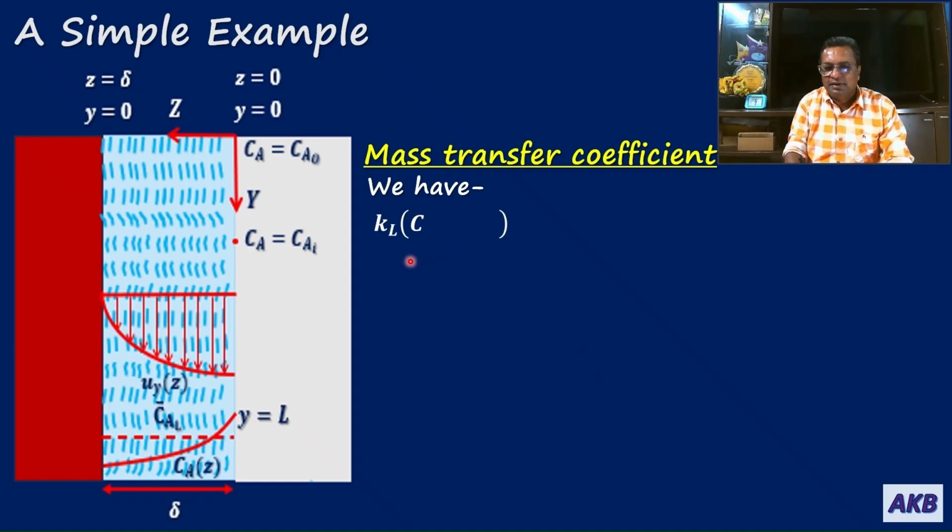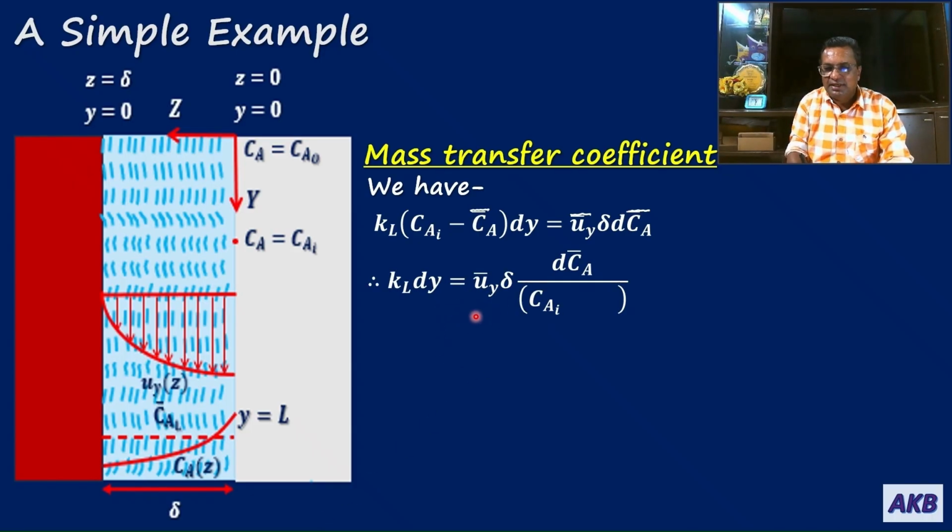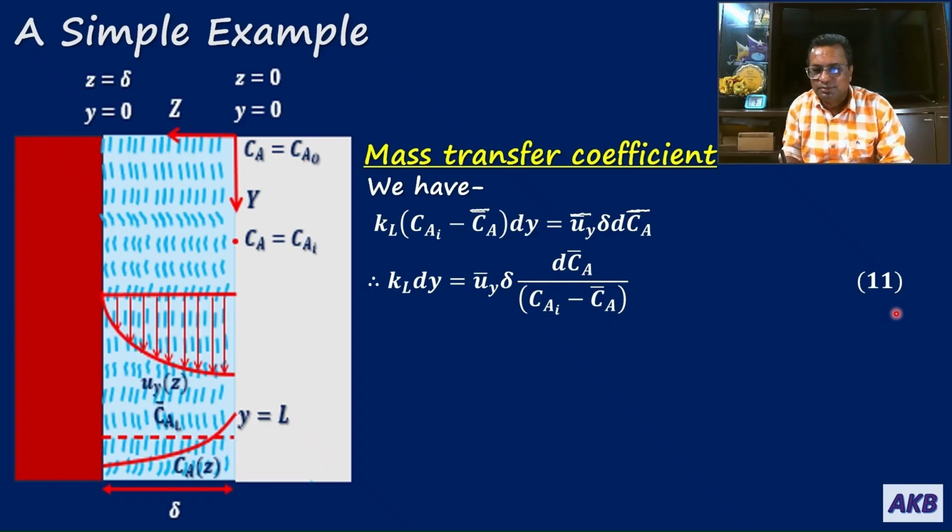So KL into dy is equal to Uy bar into delta into dCA bar by CAI minus CA bar, and this is equation number 11.